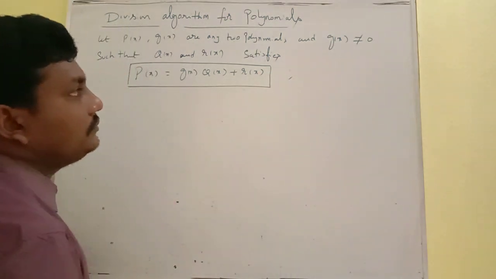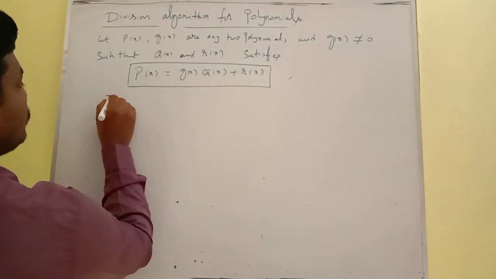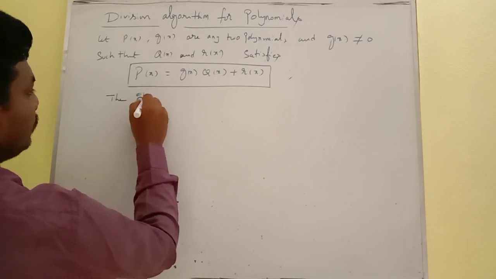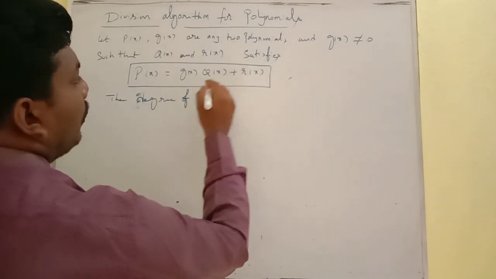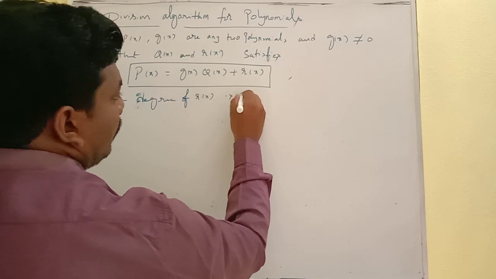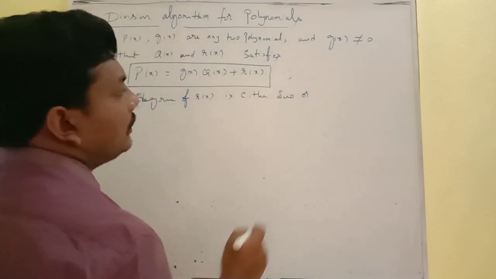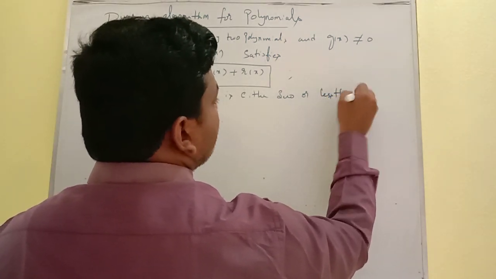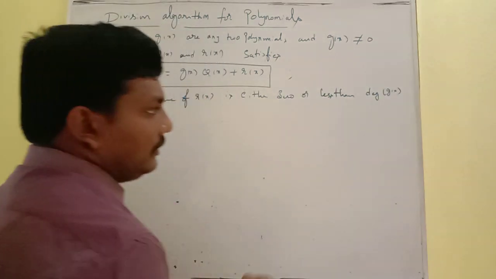where the condition, it is very important, the degree of r of x is either 0 or less than the degree of g of x.